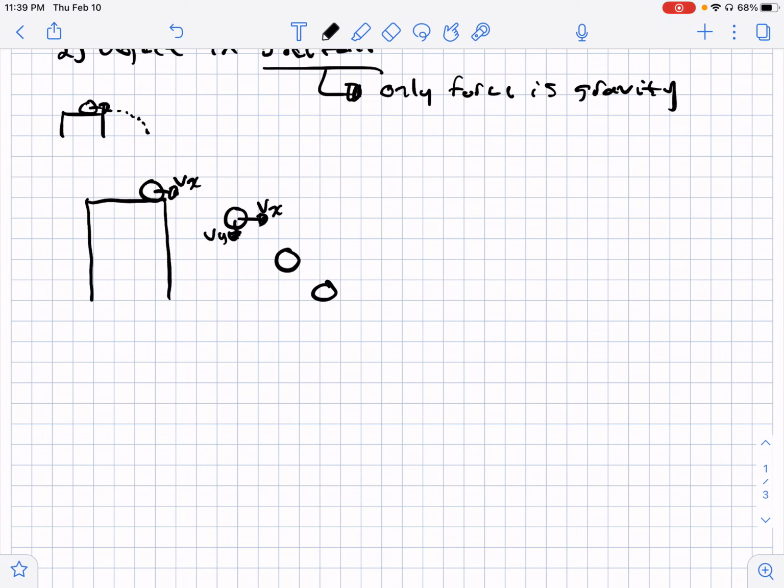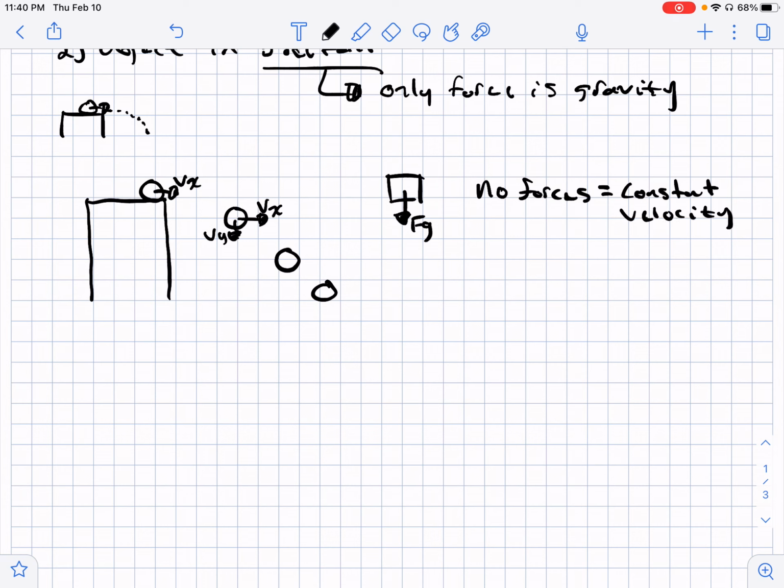And let's also draw a free body diagram of this ball that's rolling and falling off the table. Once it falls off the table, the only force that we have is going to be Fg. Okay, so there's nothing that's pushing this thing through the air, so there's no horizontal forces. And if you remember back in our forces unit, if there's no forces, in terms of motion, that means it is moving at a constant velocity.